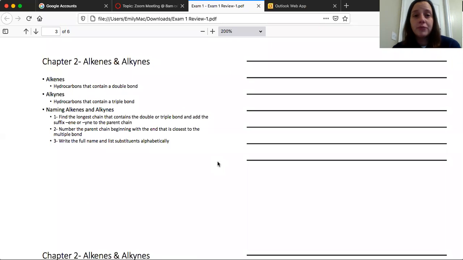Yeah, I have a quick question on that. If there is a double bond and a triple bond, do you just put the one that's first in the chain to name it? In class we did 1-heptene-yne, and then 3-ene-yne. So I just wanted to know if you put it alphabetical or you put the one that comes first.